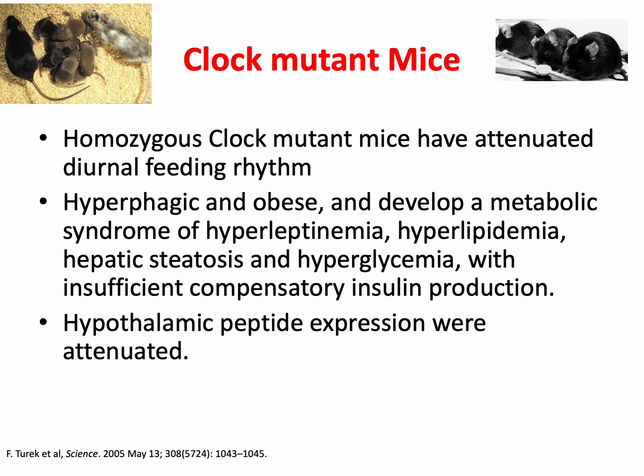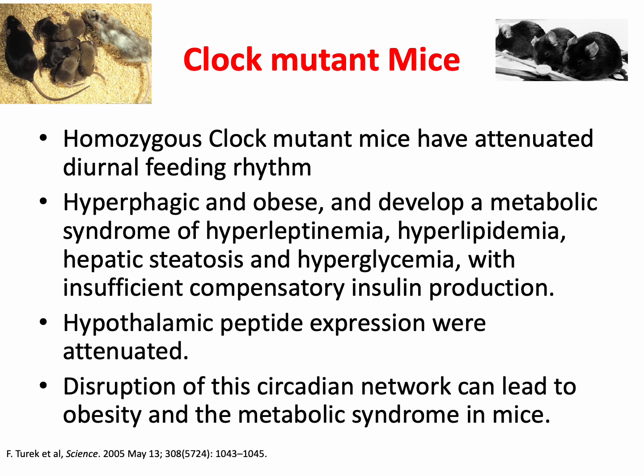The level of hypothalamic peptide expression associated with energy balance was greatly attenuated in clock mutant animals. Taken together, disruption of this circadian network can lead to obesity as well as metabolic syndrome in mice.